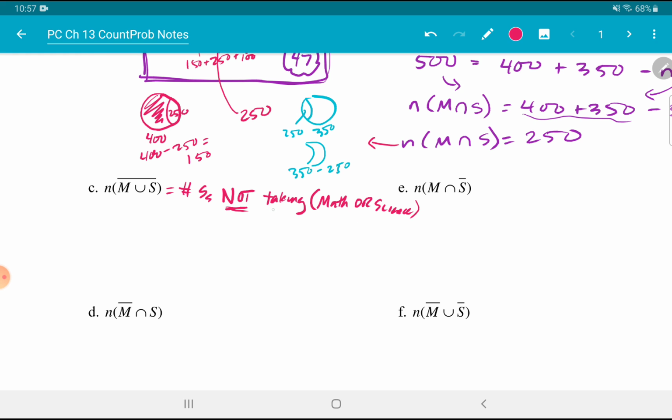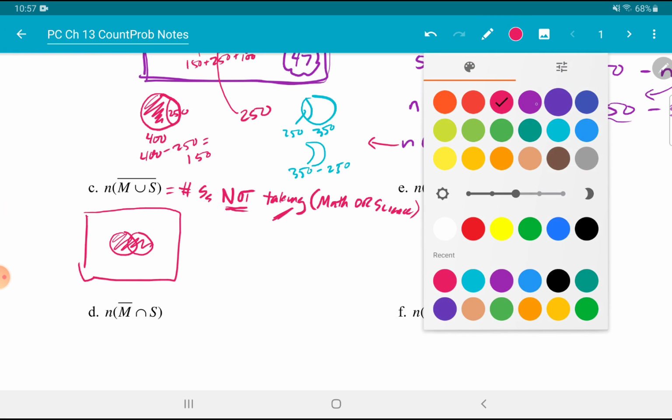And then what I want to do is, you notice I kind of gave a break there. Not math or science. So really what you want to look for in this Venn diagram is, if we say not math or science, well, math or science are this piece here.